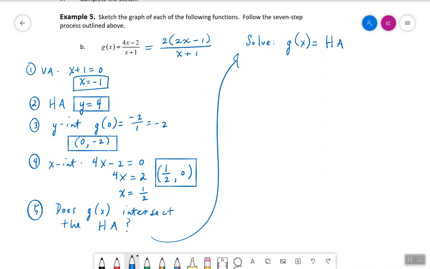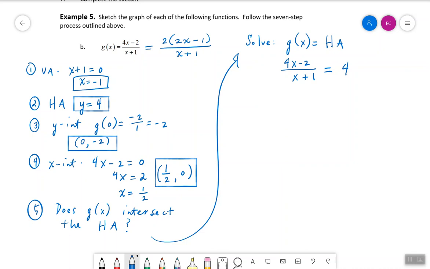So the function is 4x minus 2 divided by x plus 1, and the horizontal asymptote is at 4. So we're asking, when is the y value 4 for this function?